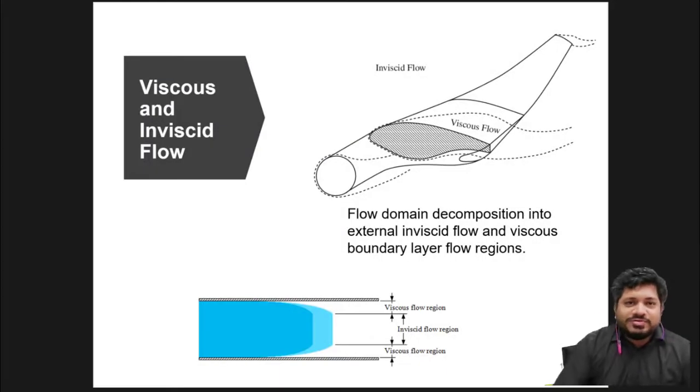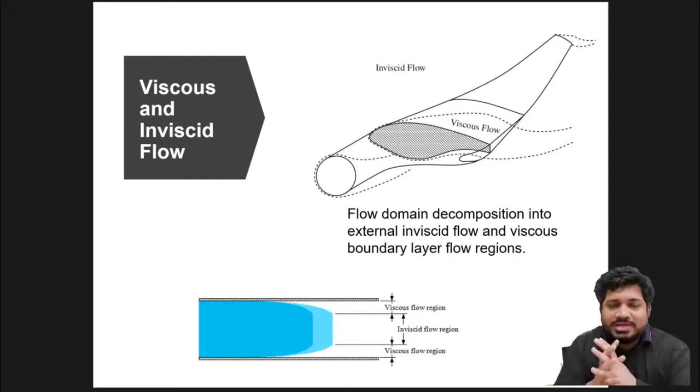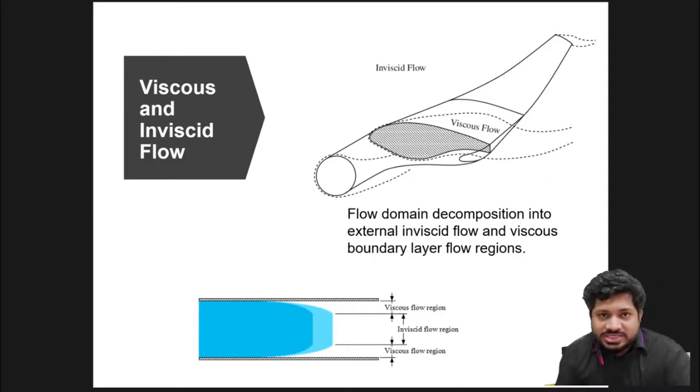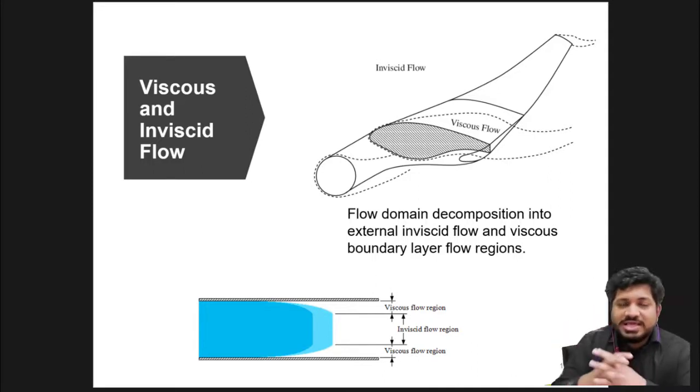Okay students, now that you've gone through steady, unsteady, uniform, and non-uniform, let's see what is viscous and what is inviscid flow. In viscous flow, the frictional effects between fluid boundaries or fluid layers are significant. As you already know, viscosity is the property that causes those frictional effects.